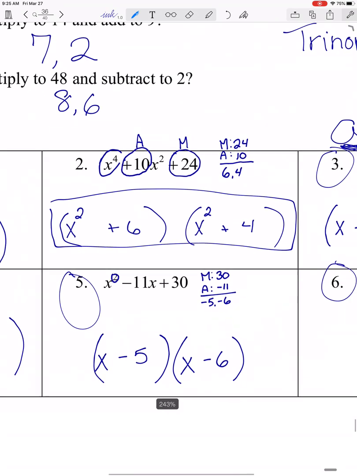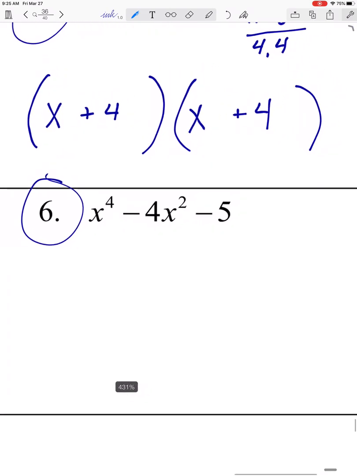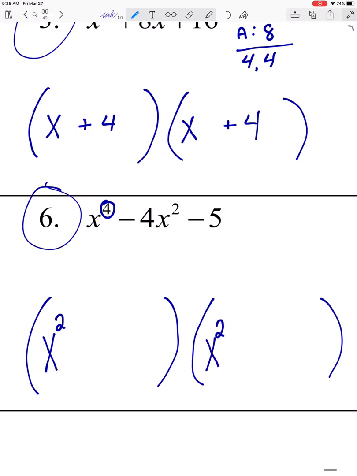And number 6, let's see how we did. All right, so we double bubble. Now be careful here because now we have that x to the fourth power. So remember, we're just dividing that number in half. We're dividing it by 2 to split it up. So that's how I got the x to the second there.